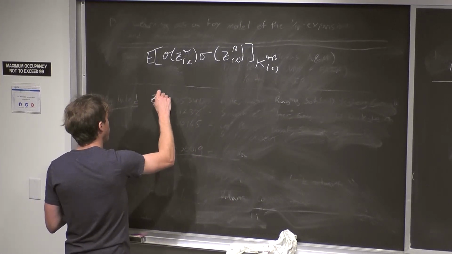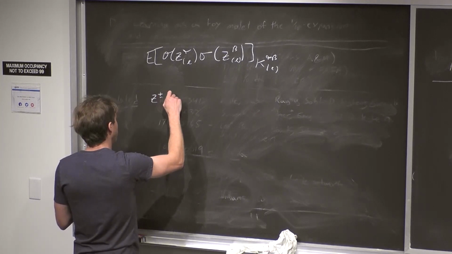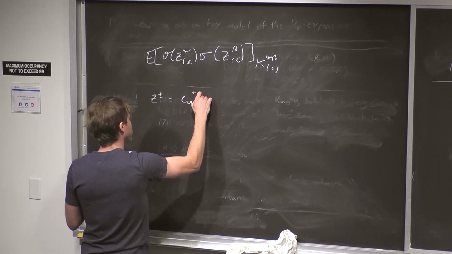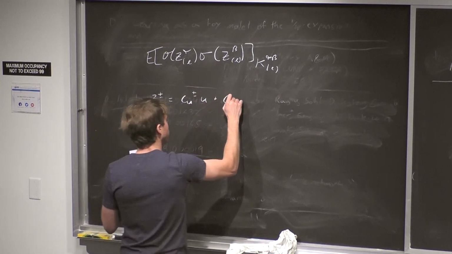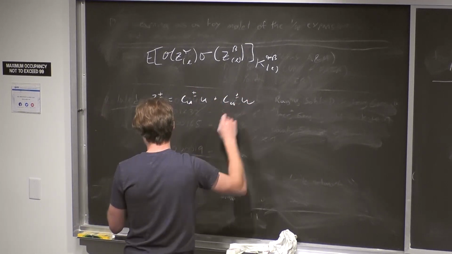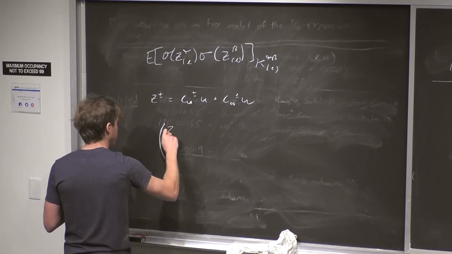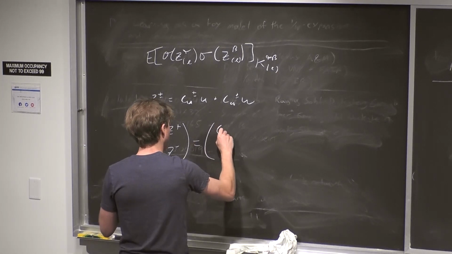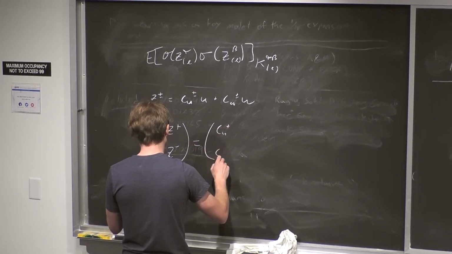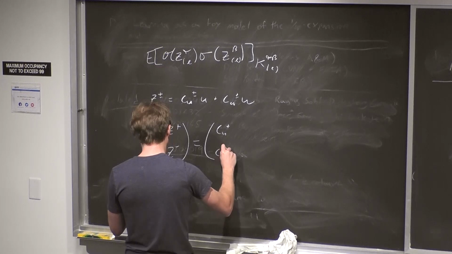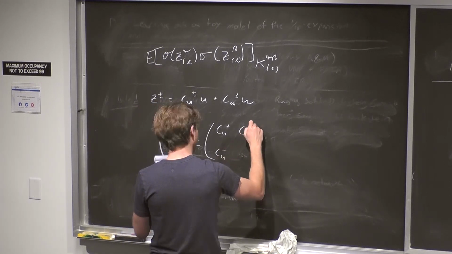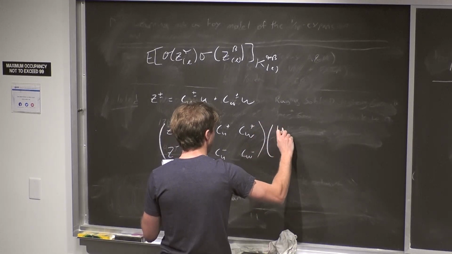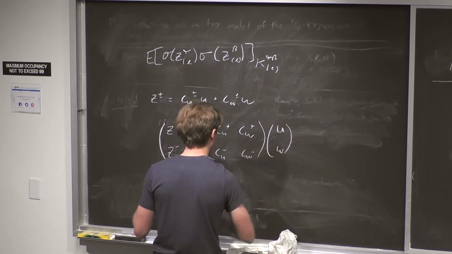So we'll define new coordinates z plus minus equal to some coefficients c_u plus minus times u plus c_w plus minus times w. I'm basically just saying that it's a change of basis. So we diagonalize the kernel matrix K and switch to new coordinates u and w.